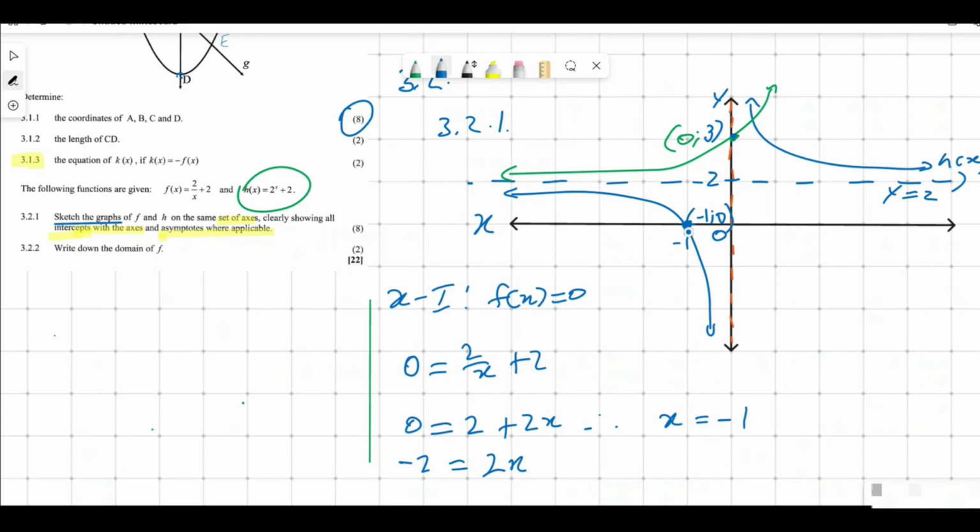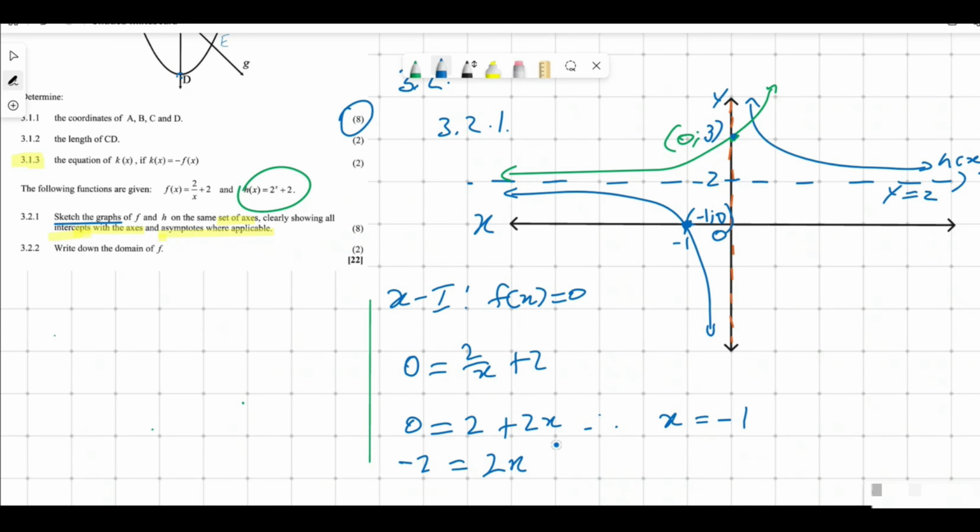We have done that, just indicating those coordinates. Asymptotes were applicable. There we've indicated the horizontal asymptote and the vertical. So we are very happy. It means you got all the 8 marks here. And then only one calculation we did there.